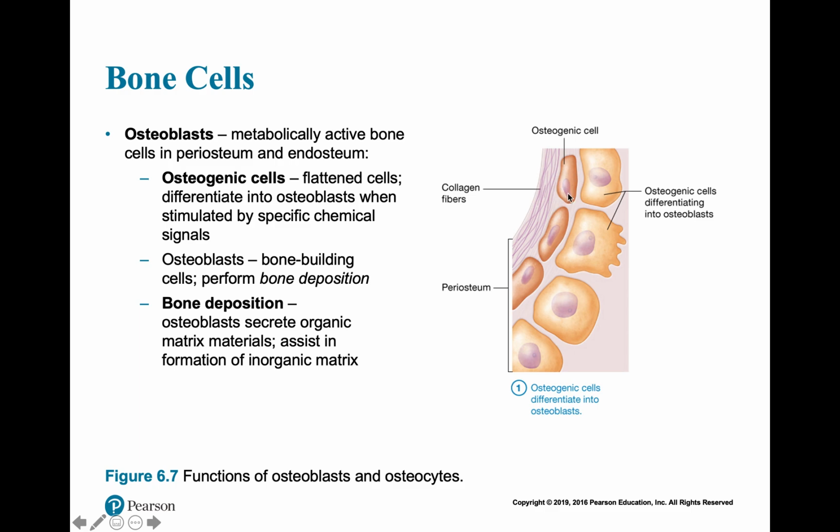These osteogenic cells can then proliferate, make more of themselves, as well as differentiate or specialize into these osteoblasts. And so osteoblasts are younger bone-forming cells. And younger meaning they're very metabolically active. They're constantly laying down the extracellular matrix, secreting the components of the inorganic and the organic matrices, okay?